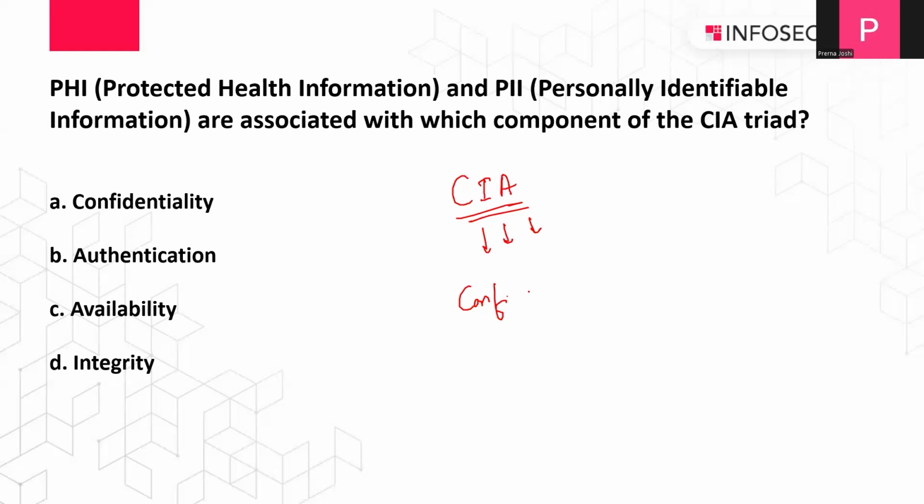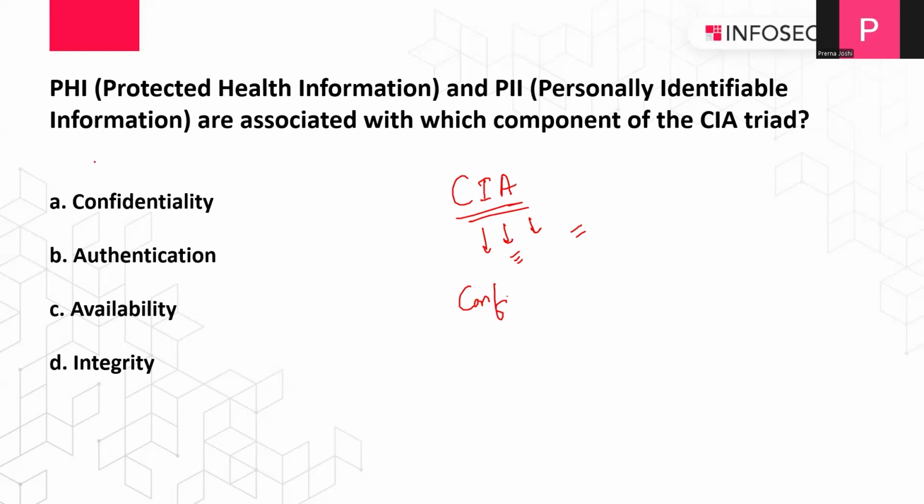Integrity says that for as long as the data is alive, its integrity should not be disturbed. That means the data shouldn't be tampered with, disclosed, or deleted by any unauthorized person. Availability says that the data should always be available to authorized persons.